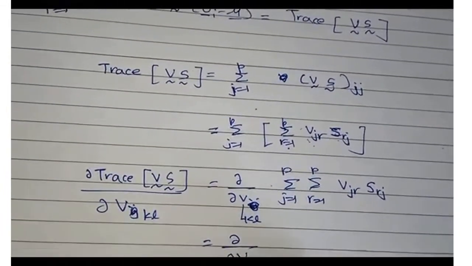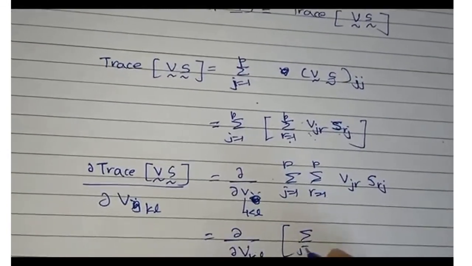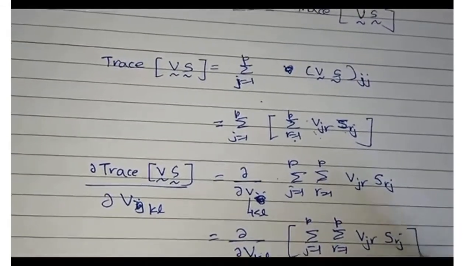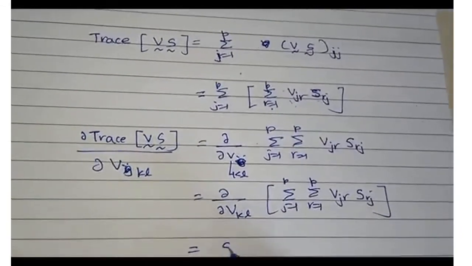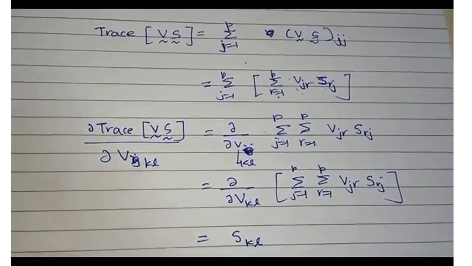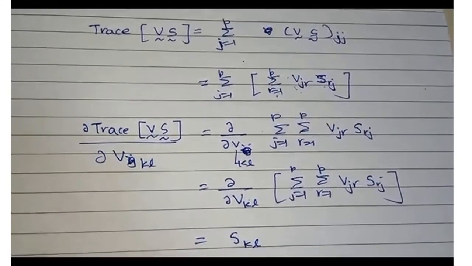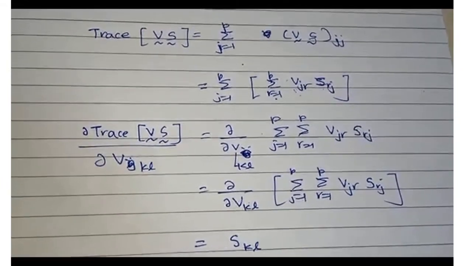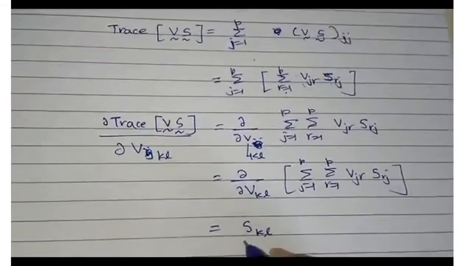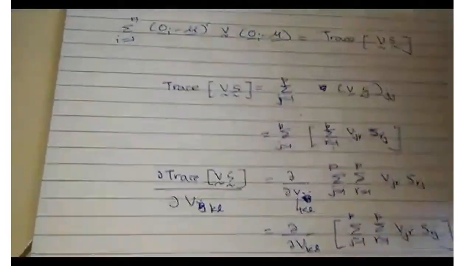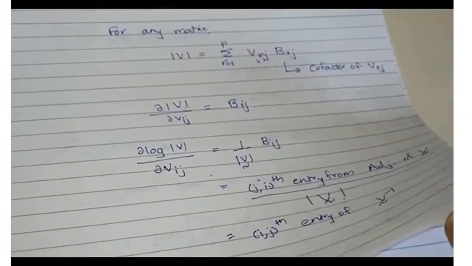So it would survive only when I have kl, so I will have S_kl. S_kl is the klth element of the CSSP matrix.